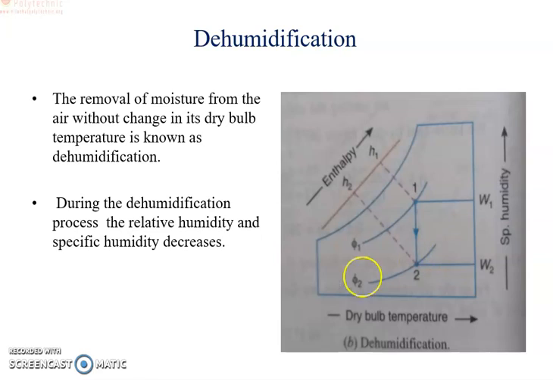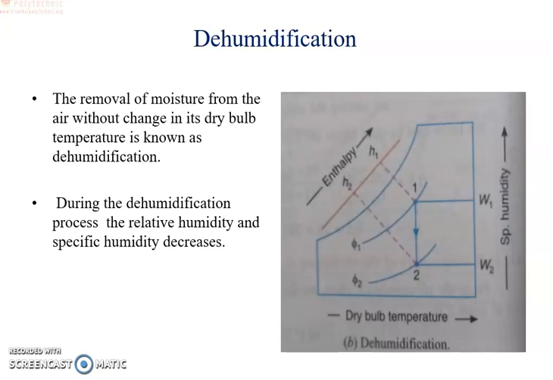So you have to know when dehumidification is required and when humidification is required. In the winter time, the moisture level in the atmosphere is very, very less. That's why you observe cracks and dryness on your body. So here you have to humidify the air, which means you have to increase the moisture of the air.